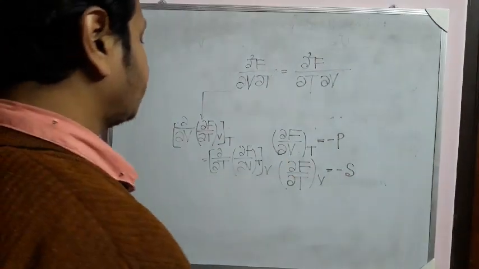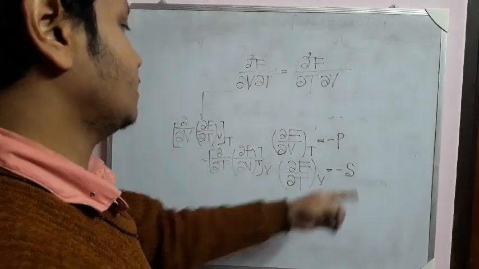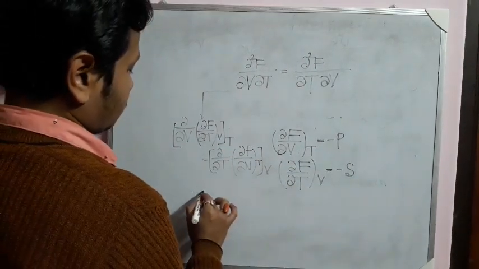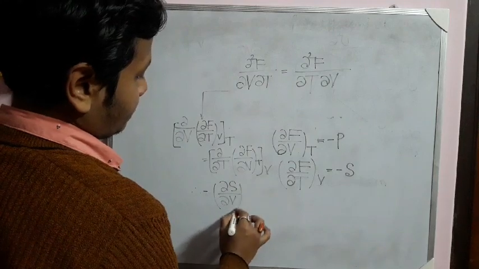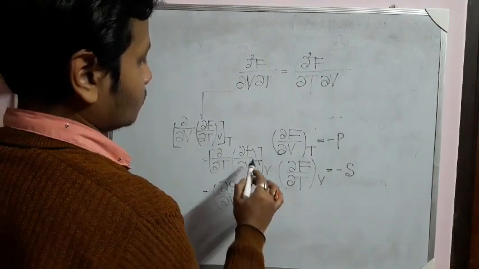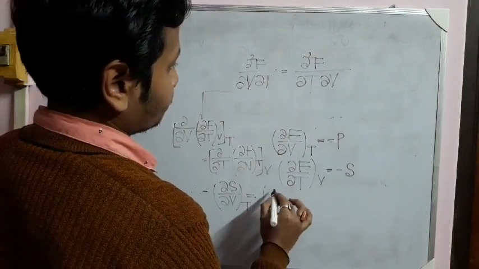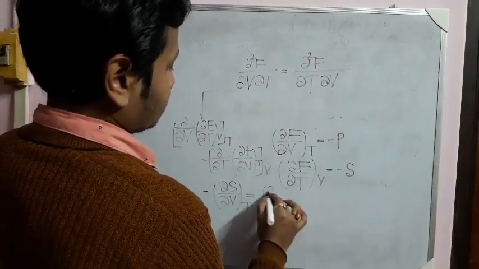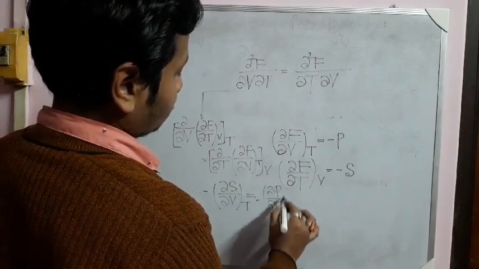So what will be my del F del T at constant volume? That is minus S. So this is minus del S del V at constant temperature, and this equals del F del V at constant temperature, which is minus P, so minus del P del T at constant volume.